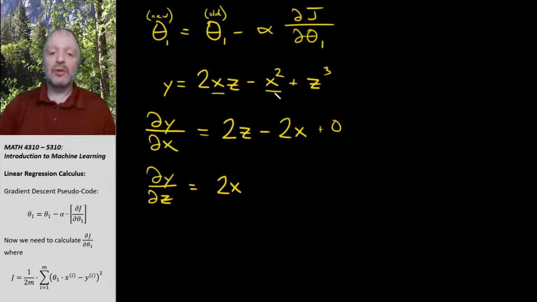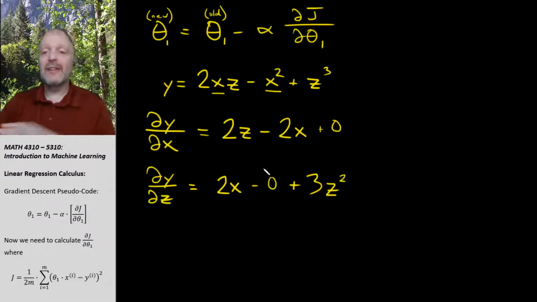And then the partial of this term with respect to z, this is a constant, gone. So if you want, you can do a minus 0 there. And then plus the partial of z cubed with respect to z is going to give me 3z squared. So that's how you do a partial derivative. You just treat everything else as if it were a constant. Okay? Not too bad.